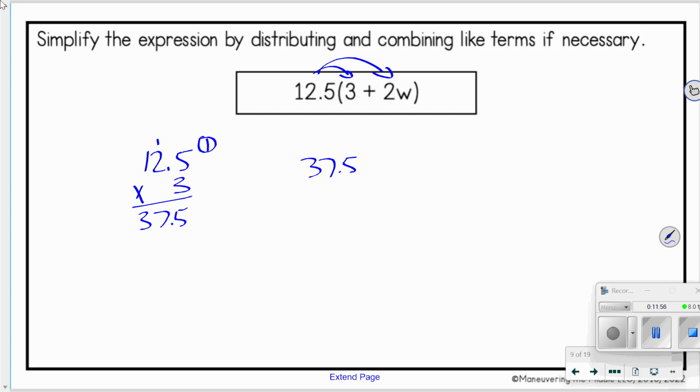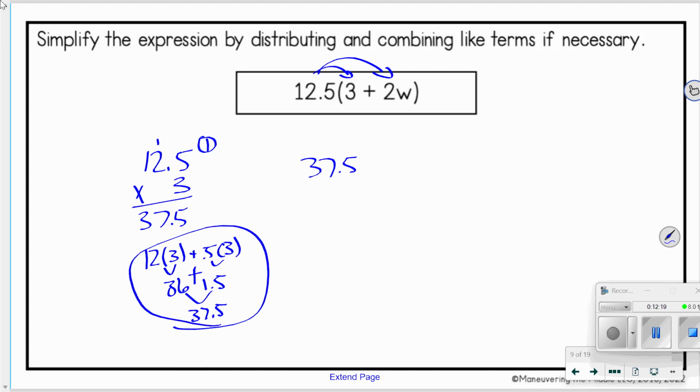I said, well, this is 12 times 3 plus 0.5 times 3, because I can do this mentally. I can say, oh, that's 36, and this is 1 1/2. If I put those together, that gives me 37 and 5/10. So this one is what I do mentally, which is distributive property.